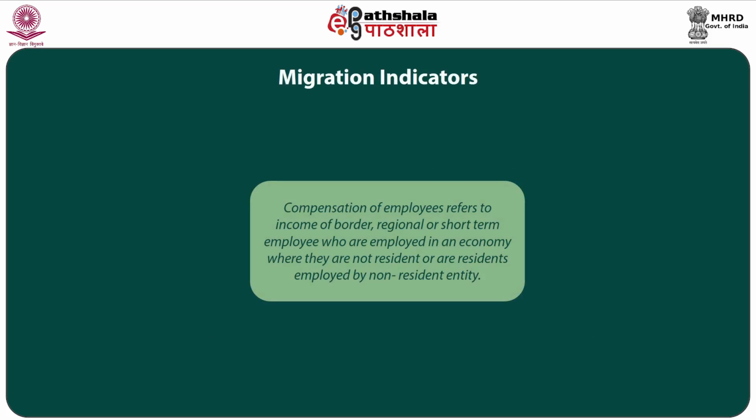Continuing with the migration indicator, the compensation of employees refers to income of border, seasonal or other short term workers who are employed in an economy where they are not resident, and of residents employed by non-resident entities.